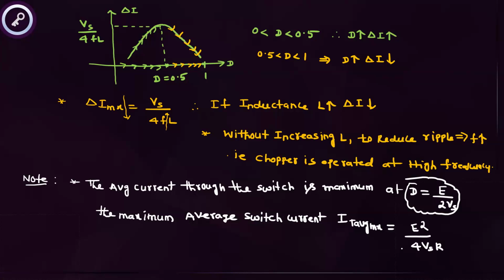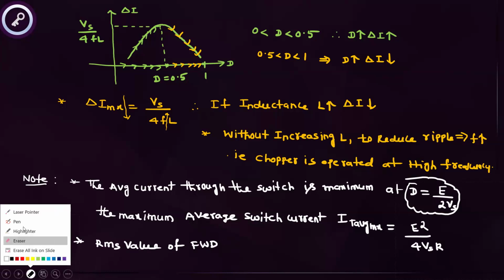Next, the RMS value of freewheeling diode current is maximum. Note, this is the RMS freewheeling diode current, not the average freewheeling current.